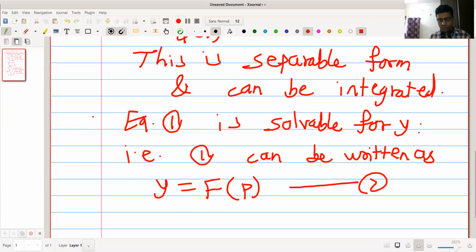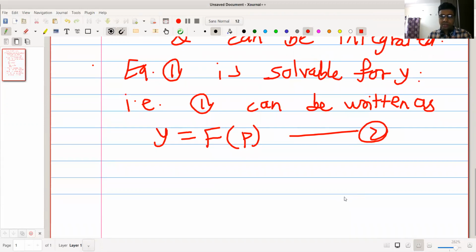We call this as 2. And now we proceed as in the case solvable for y. So what we do, we differentiate this equation with respect to x and write dy by dx as p, and we get a differential equation in p. We solve that differential equation and then eliminate p from this solution and equation 1.